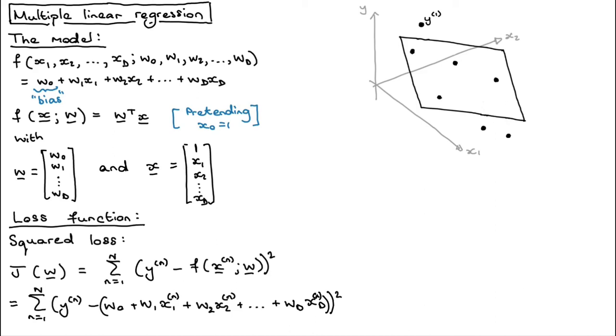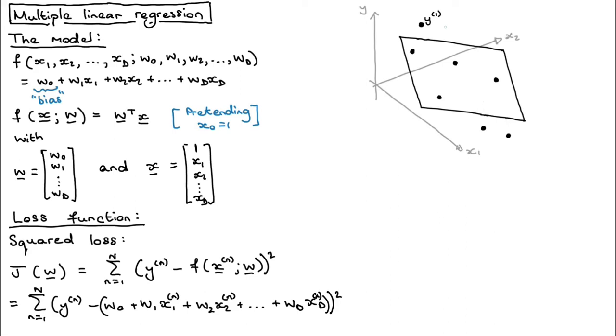We can write that out a little bit more completely so that we can just see the different parameters. And you see here that you need to figure out what W0, W1 up to WD is for this model to be a good fit of this capital N data points. So in the figure here, let's pretend that our setting for W defines this plane as it is here, what would this loss be?